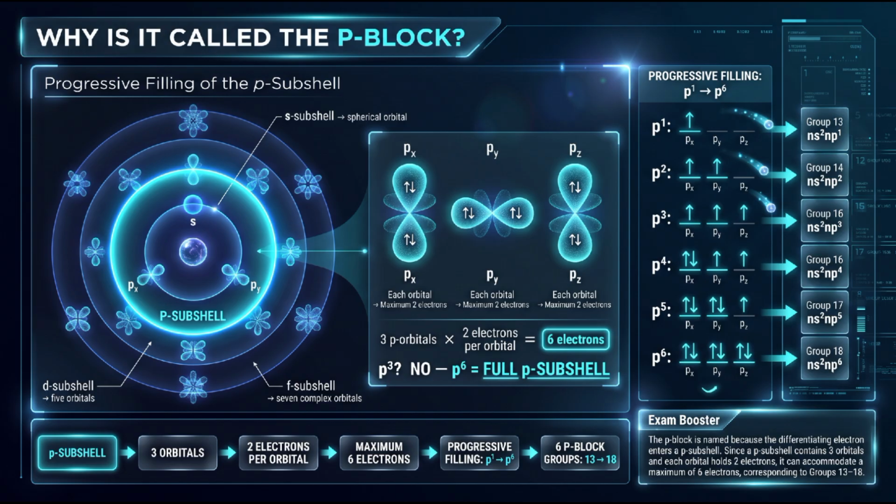Group 13 represents np¹, group 14 represents np², group 15 represents np³, group 16 represents np⁴, group 17 represents np⁵, and group 18 represents np⁶. This simple electronic pattern is the foundation for understanding the entire p-block and its position, structure, periodic trends, chemical properties, and reactivity.